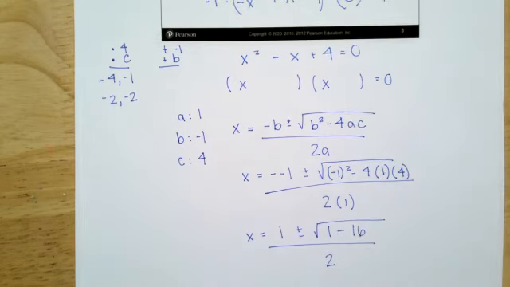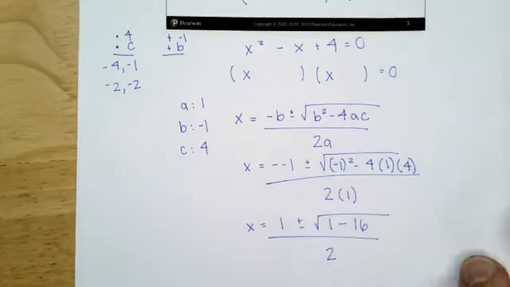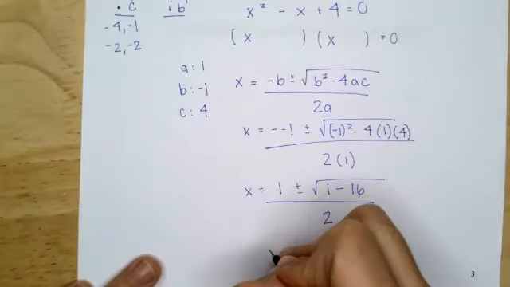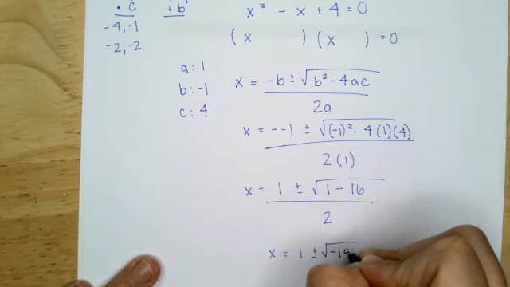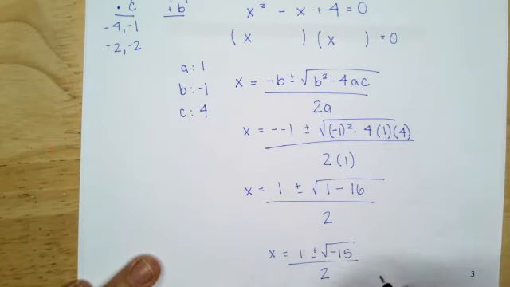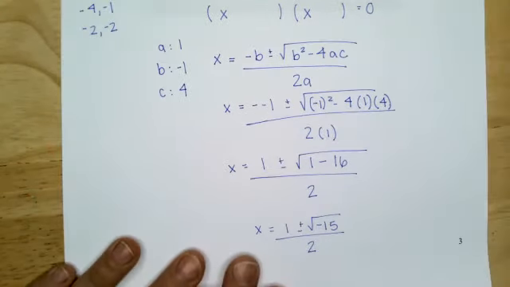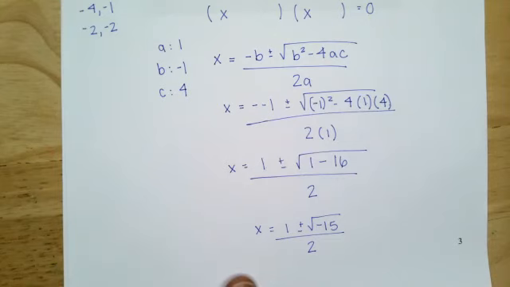What is the problem? So x equals 1 plus or minus the square root of -15 over 2. We have done complex numbers where we can change this to the letter i.